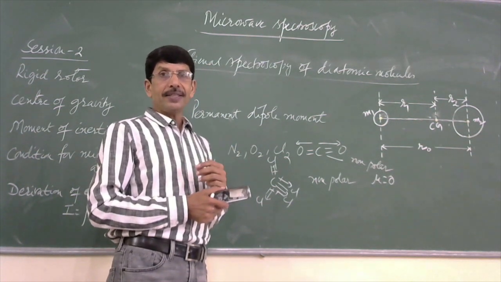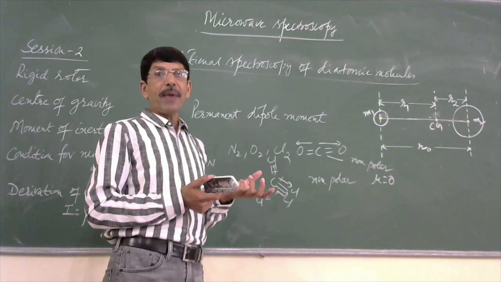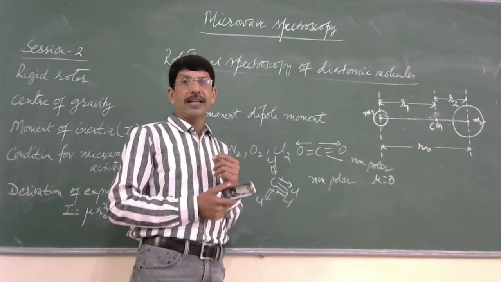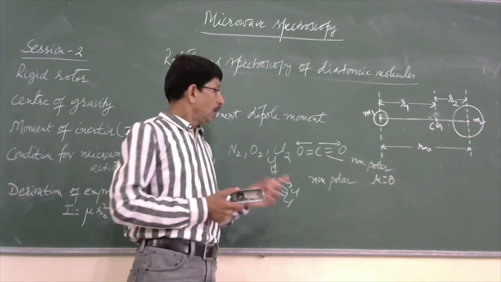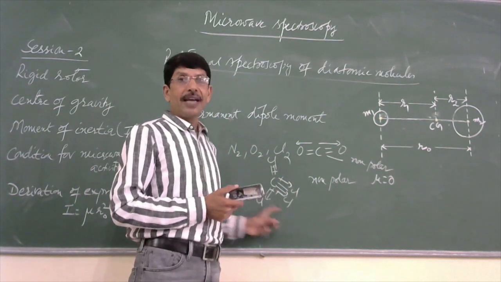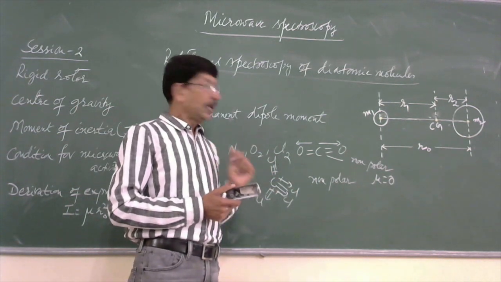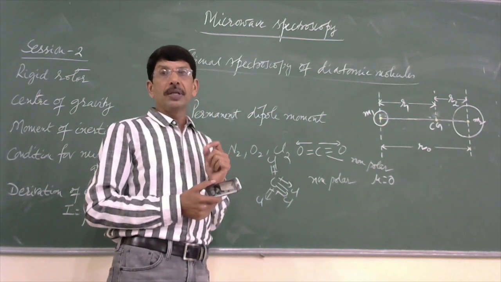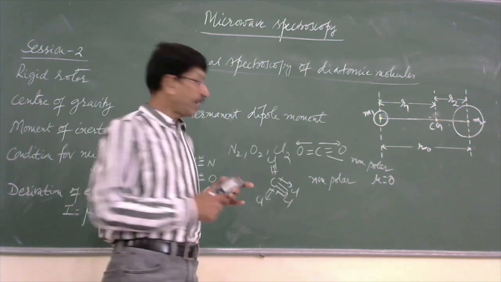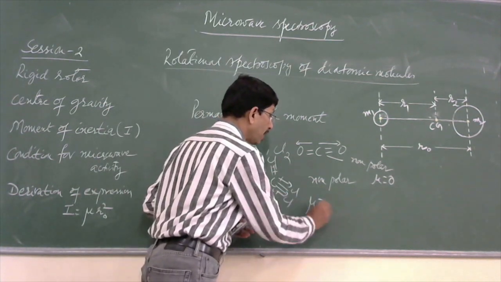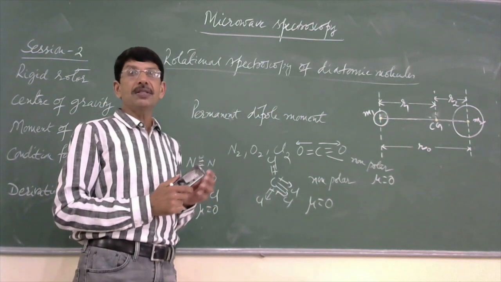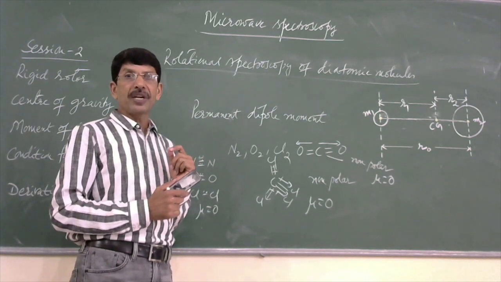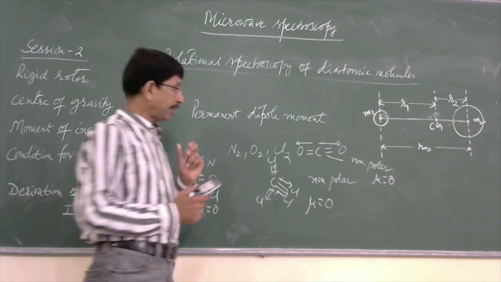Since it is a regular tetrahedral structure, the vectorial sum of these 4 dipoles becomes 0. Therefore, the net dipole moment of carbon tetrachloride is 0, it is not polar. So even carbon tetrachloride cannot be studied by microwave spectroscopy.